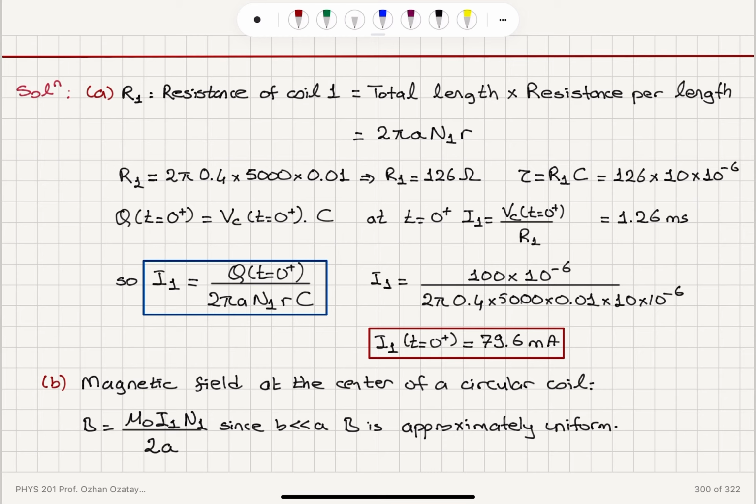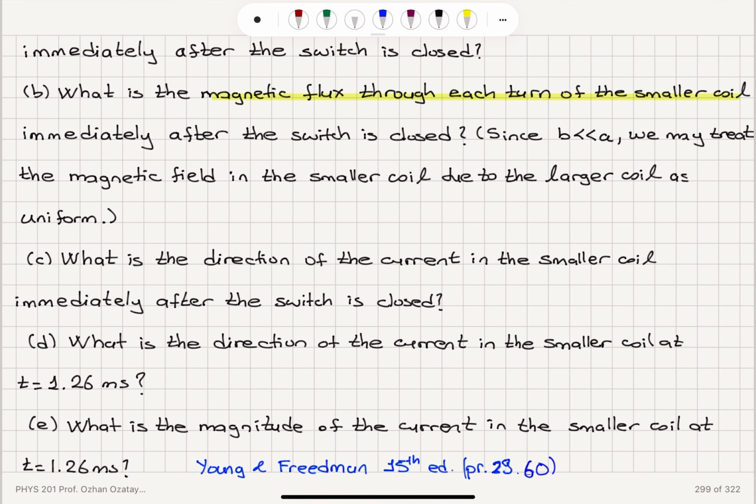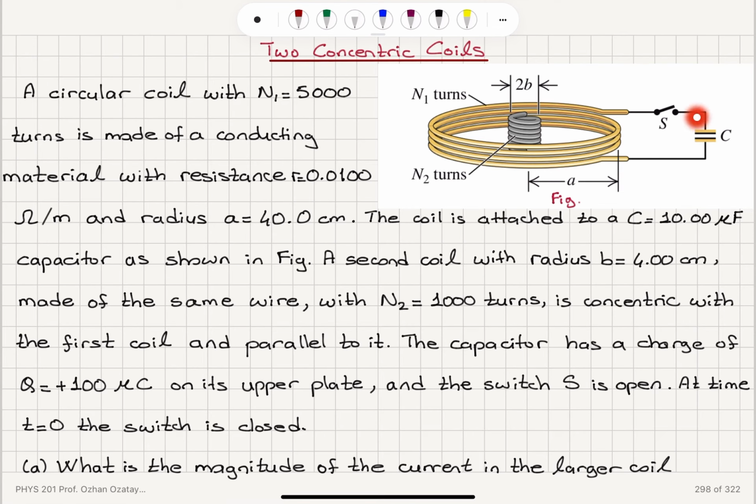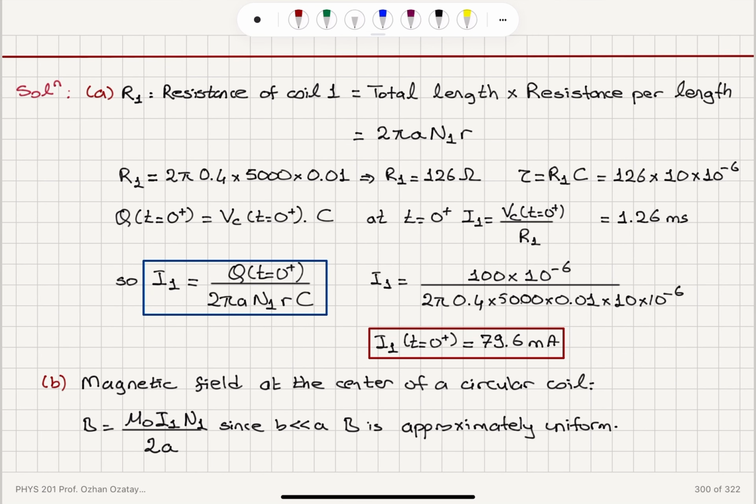The charge at t is equal to 0 plus is the total charge. There's no discharging yet. So immediately after the switch is closed, we have a voltage across the capacitor, which is the charge on the plates divided by the capacitance.